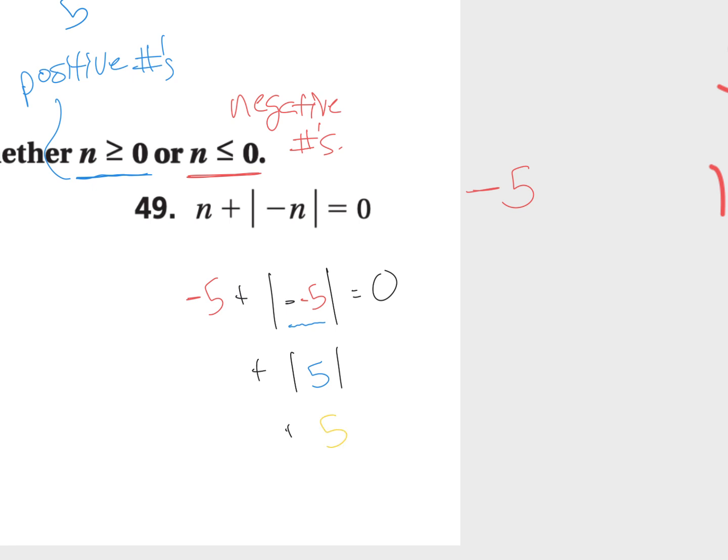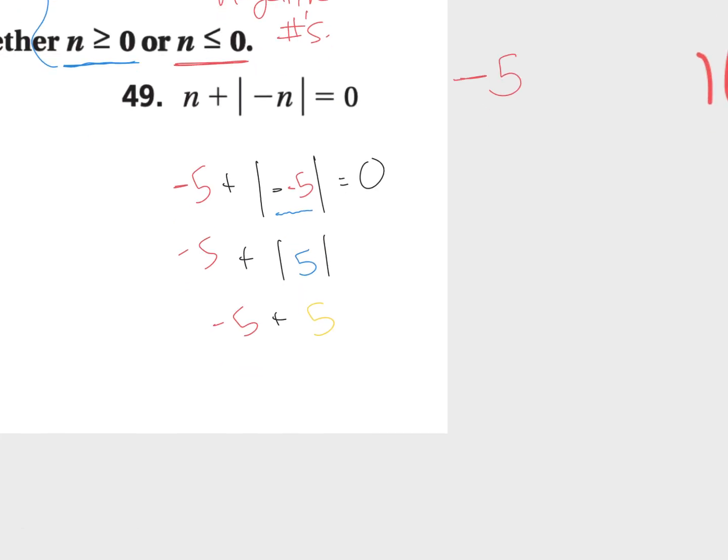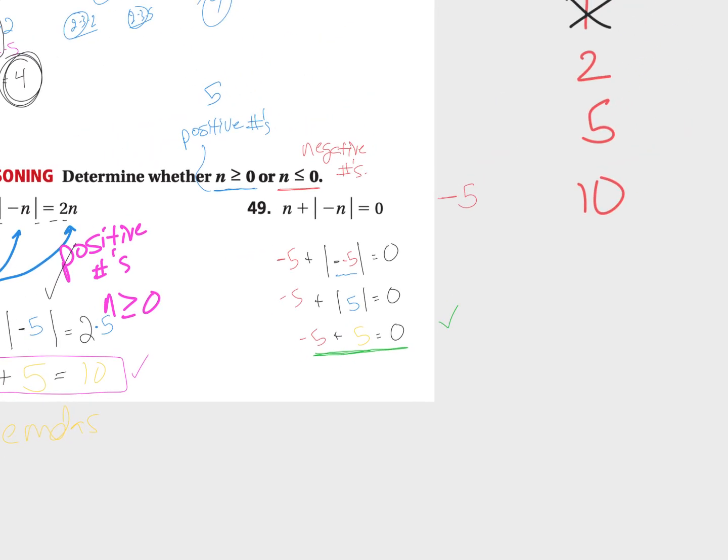So hang on, let me kind of bring down this negative 5 each time and the equals 0 each time because those didn't change. And then check this out. What's about to happen is negative 5 plus 5, is it 0? It sure is. So the idea is that negative numbers or n is less than or equal to 0 is the answer for this one. Let me know if you got any questions.